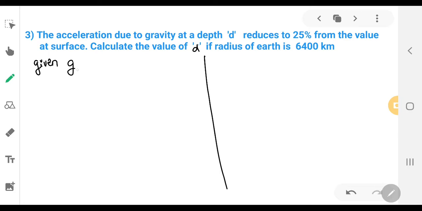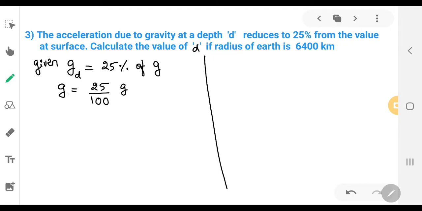Acceleration due to gravity at a certain depth is 25% of the g value. 25% means it will be 25 divided by 100 of g.